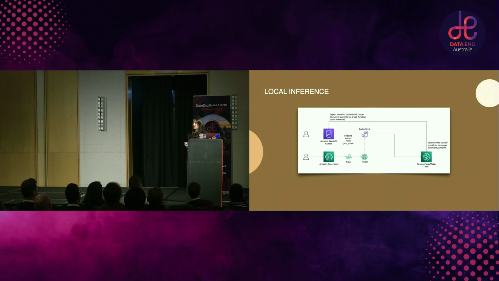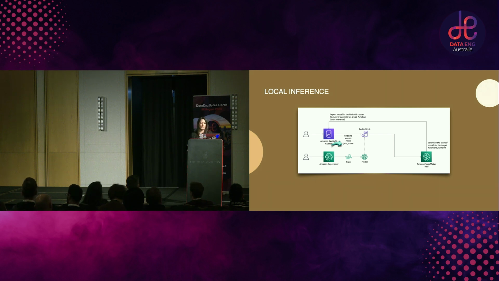If you already have a pre-existing model and you want to import it into Redshift to get real-time instant inference from your data, you can do that by simply passing the job name inside your create model. This time there is no training involved. You just import that model, localize it in your Redshift to get predictions. Simple. But again, you need to optimize it because the model has been trained outside.